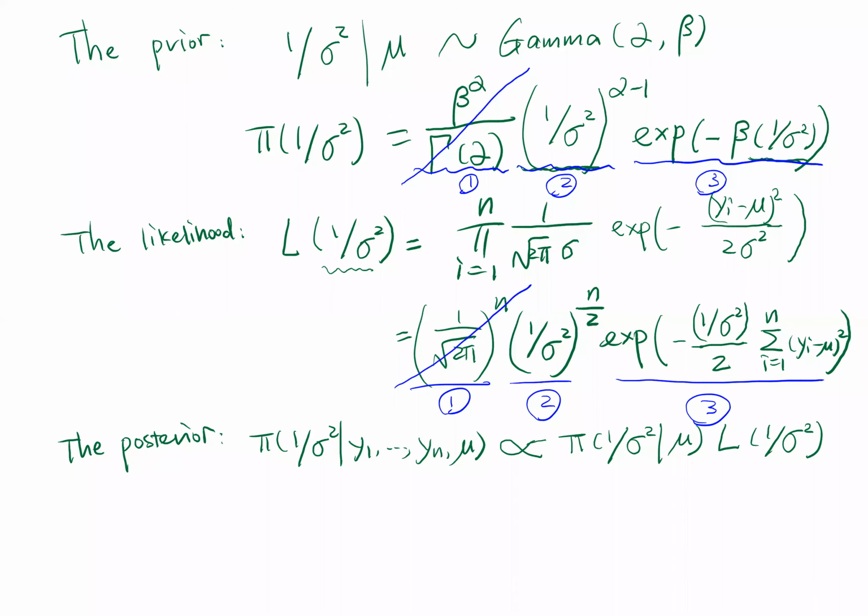So if you're able to see eventually a term that is 1 over sigma squared raised to some power, and the other term is in the exponent of negative 1 over sigma squared multiplied with something, then those 2 will tell you what the posterior gamma distribution should be. Okay? So on the top, as you can see in the prior, I wrote out the generic gamma distribution. There's a normalizing constant in front, which we don't have to worry too much about.